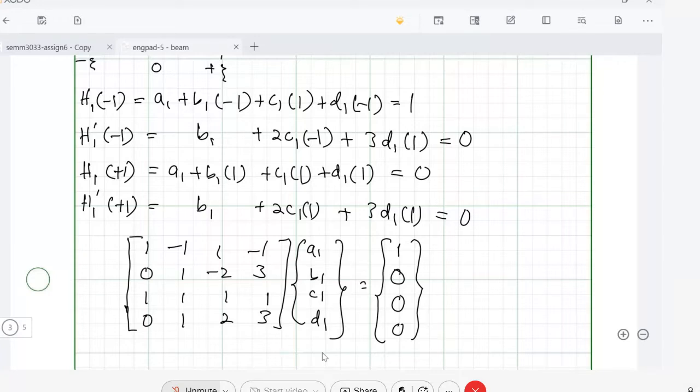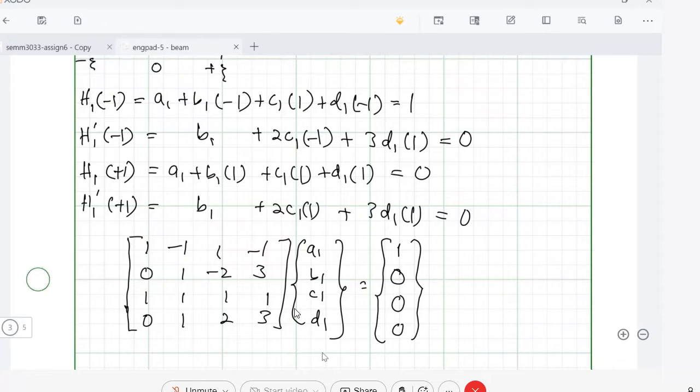Okay, hopefully I should get this right. I don't know if you can see this. I use reduced row echelon form or Gauss-Jordan elimination.